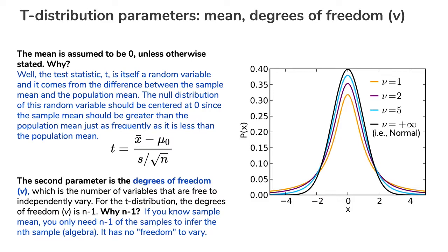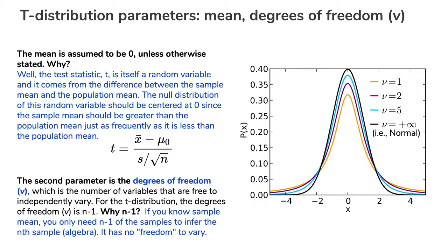The degrees of freedom, in the case of the t distribution, is this variable v. It's just a parameter, just like the normal distribution has mean and standard deviation. The Poisson distribution has lambda. This degrees of freedom reflects the number of values or variables in your measurement that are free to vary.